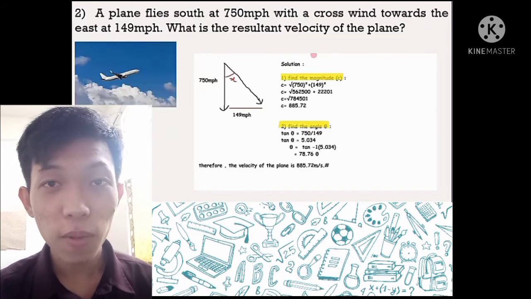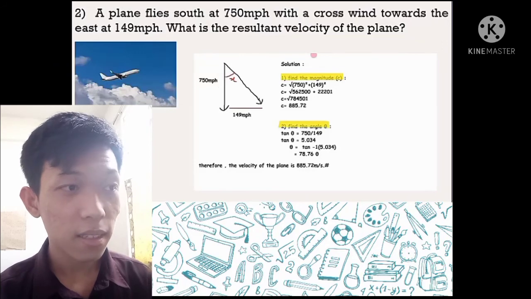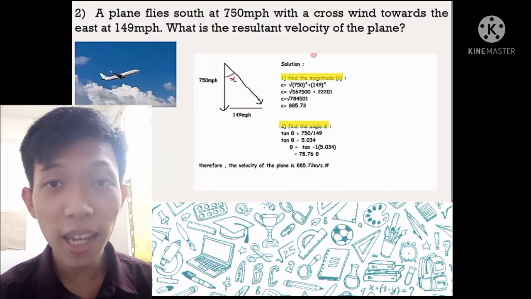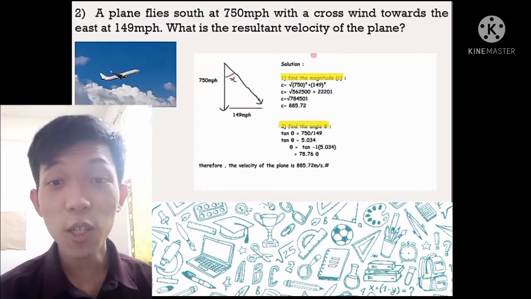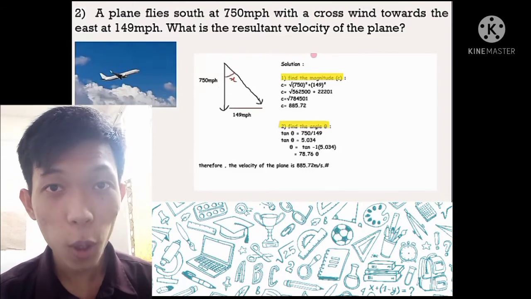Second, we find the angle. Tan theta equals 750 per 149. Tan theta equals 5.034.